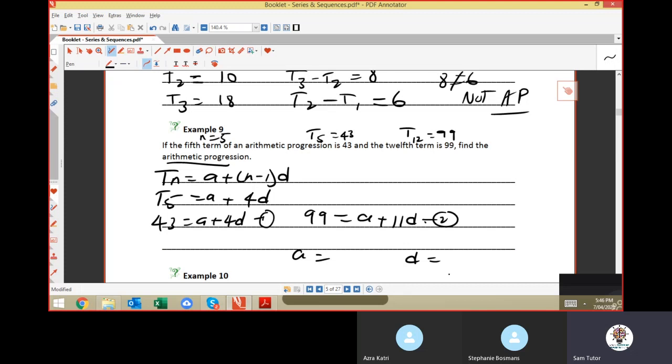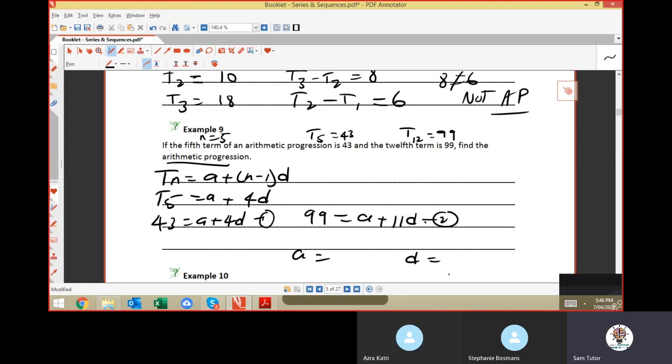What is the total amount of fruit that is produced in the first 14 days of the harvest? Any ideas on how to do that one? That would be a sum. Sum of how many days again? 14, it's saying. And the formula is n over 2 bracket 2a plus bracket n minus 1 d.